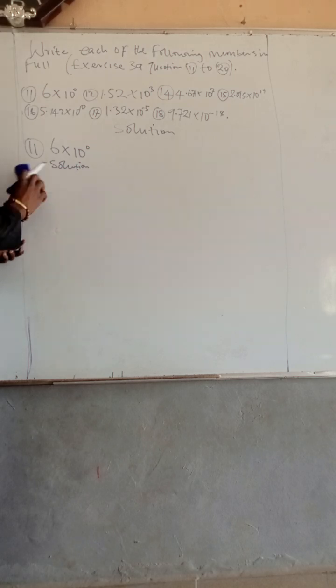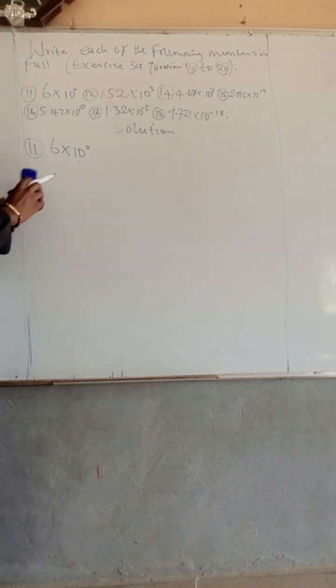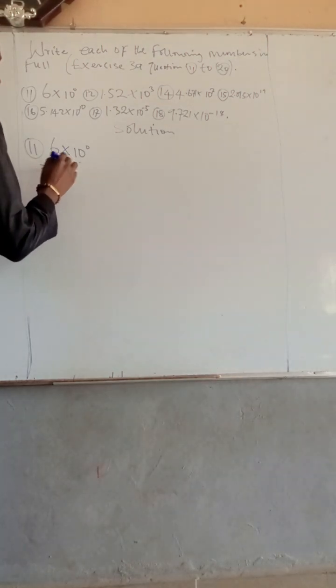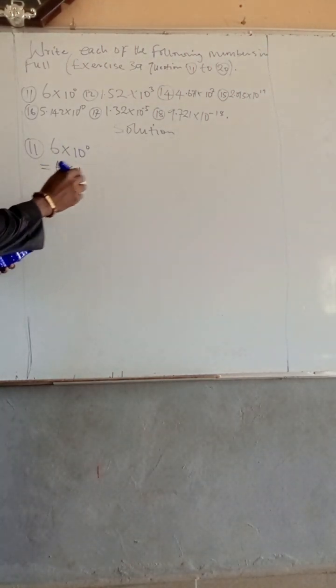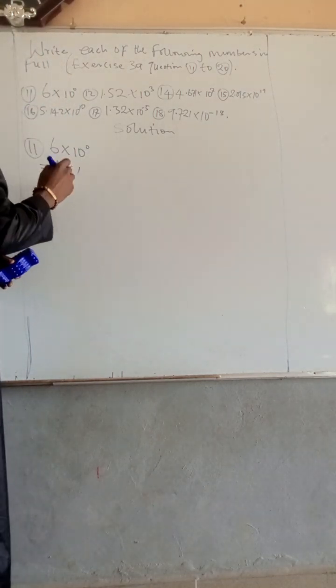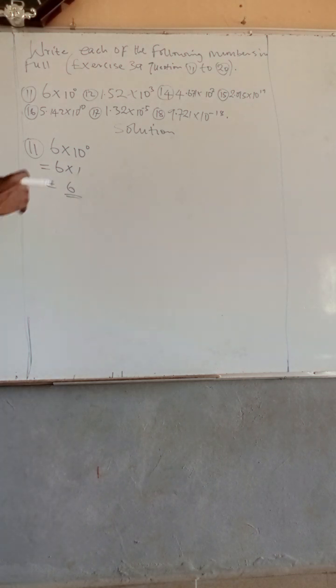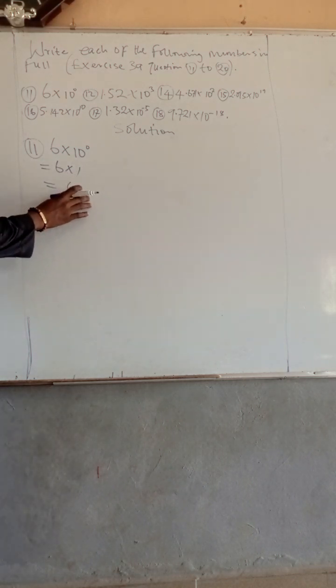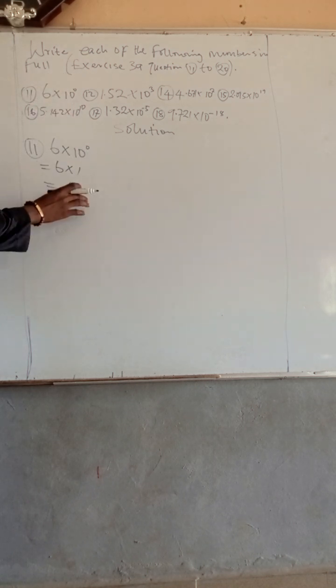So in this case now we have 6 times 1, and any number multiplied by 1 is that number itself. So we have 6 as the final answer. This is the expression in full. 6 in standard form is this form, but when we want to write 6 in full it is this form.